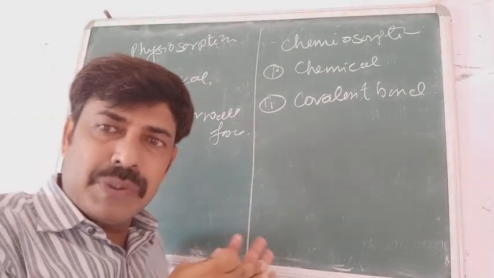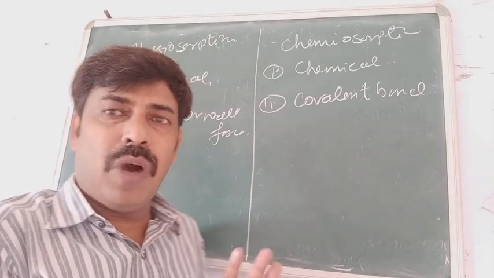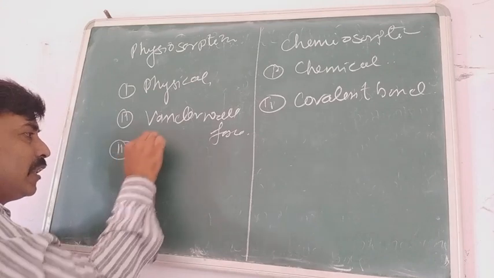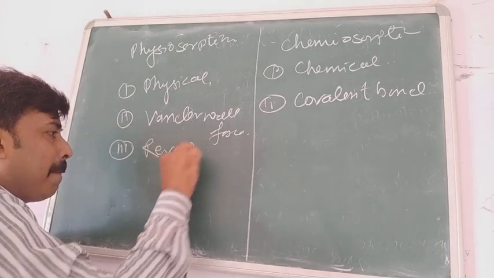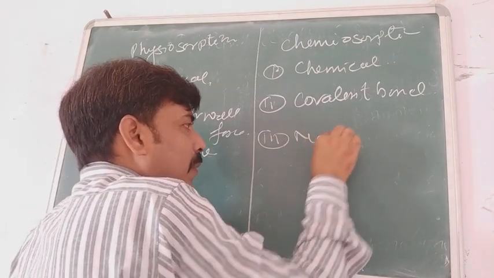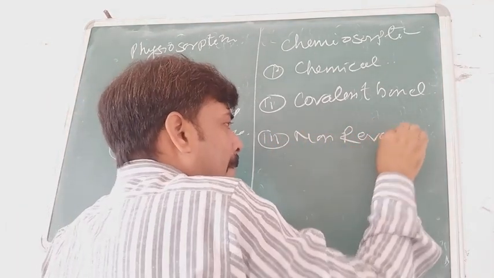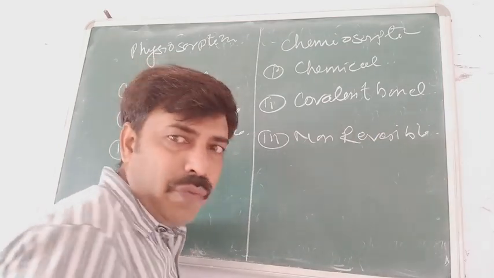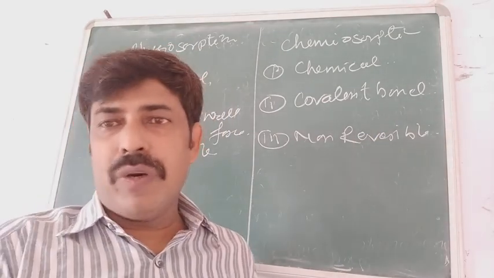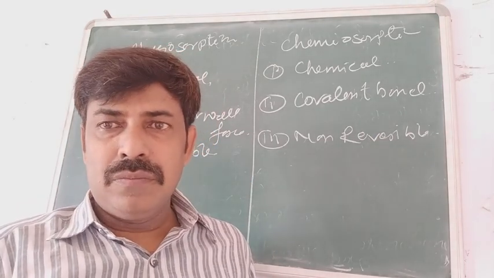Now on the basis of these bonds, the first difference is that physisorption is reversible by nature, whereas chemisorption is non-reversible. You know well that chemical bonds are very strong, so it is very difficult to revert such a process.